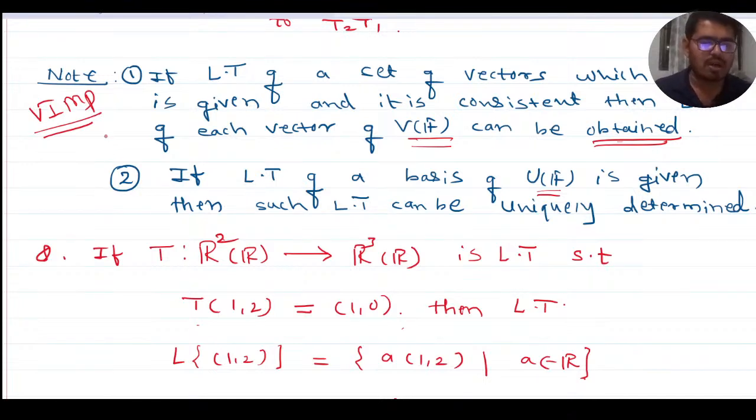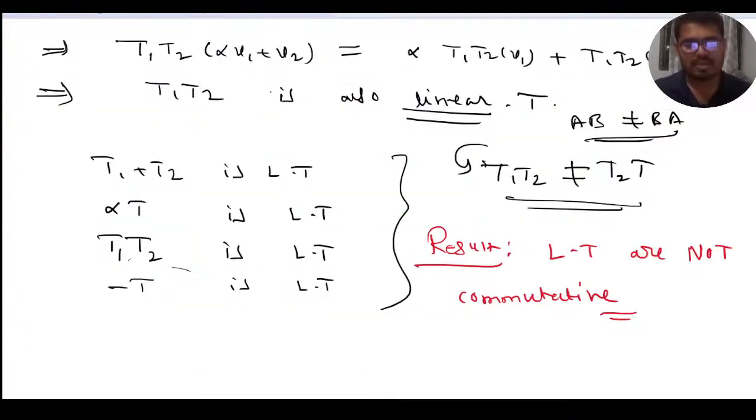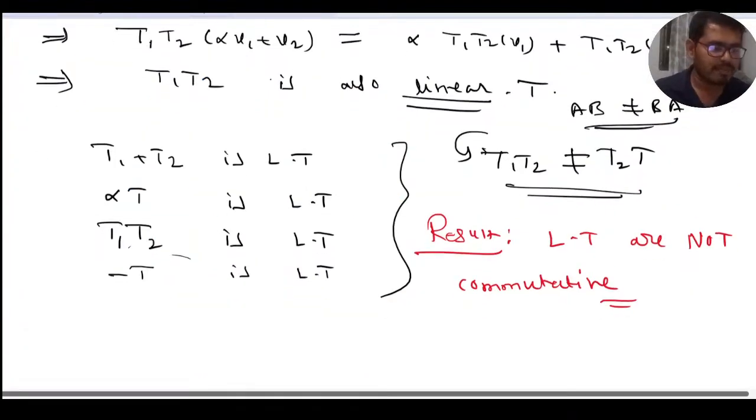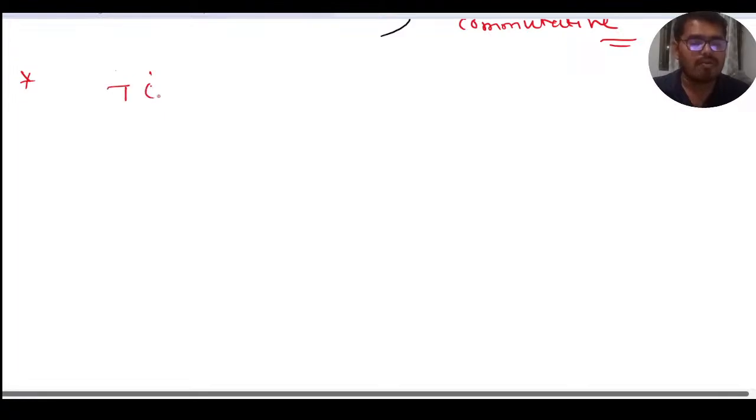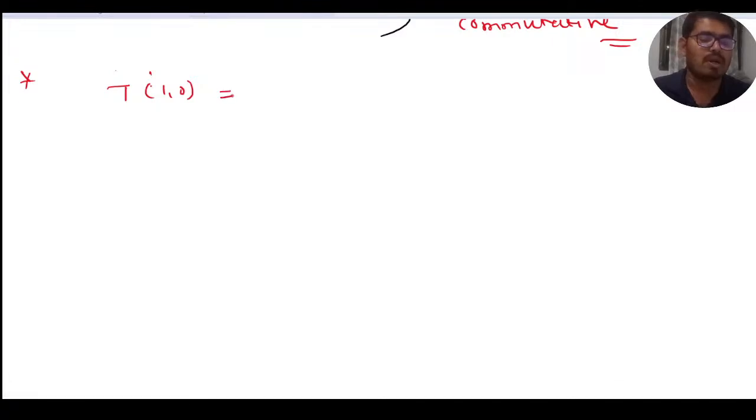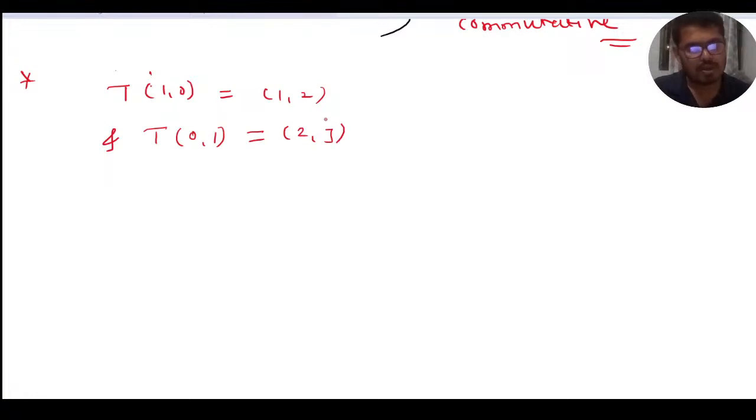Then first of all, here we take the first note examples. In the first example, they don't give you the definition of the linear transformation. What they give is T of (1,0) is (1,2) and T of (0,1) is (2,3).